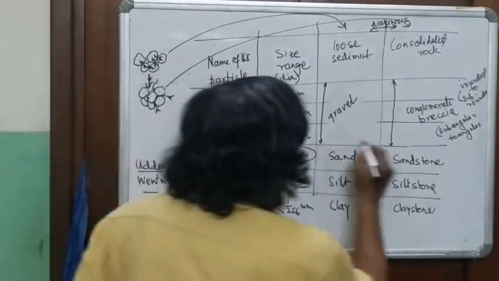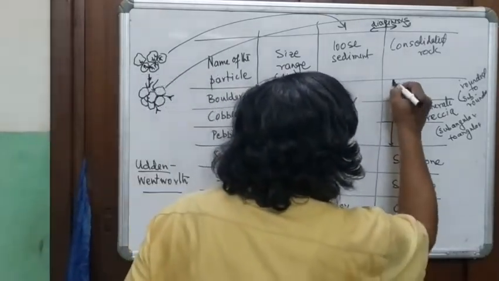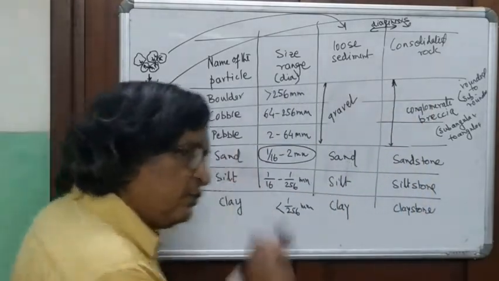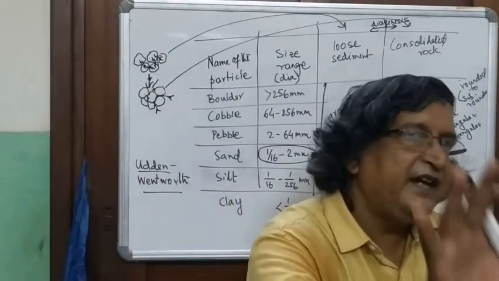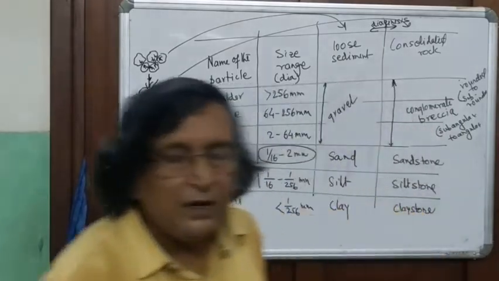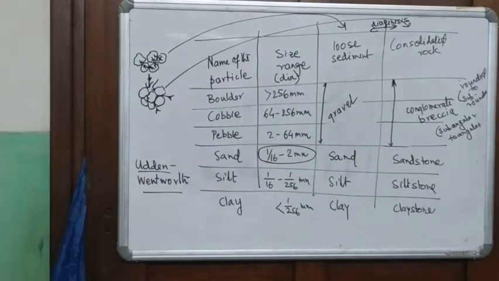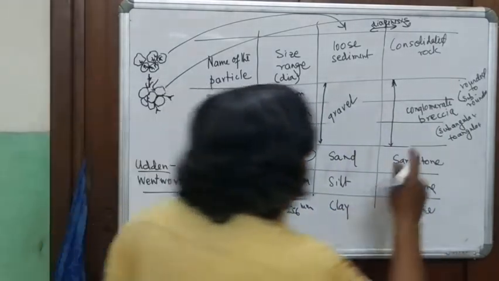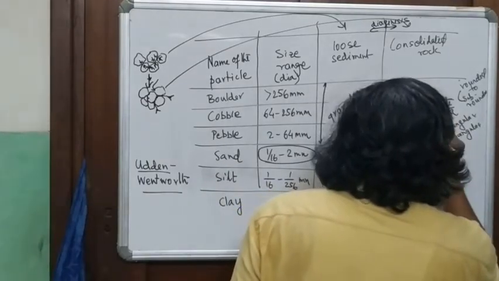So up to here, remember, this is not exactly the Udden-Wentworth scale. It is an abbreviated, simplified version for you. Those of you who go to higher classes will go into more classifications. The names are conglomerate and breccia.